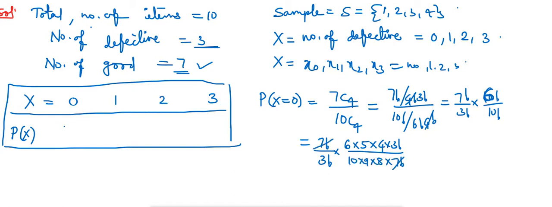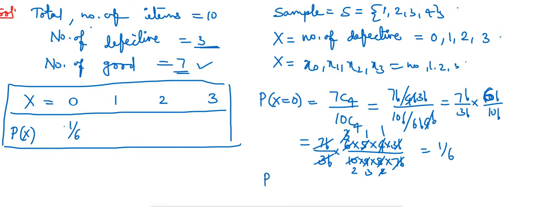The 7 factorial and 3 factorial cancel. So this is equal to 1 by 6. No defective items has probability 1 by 6.